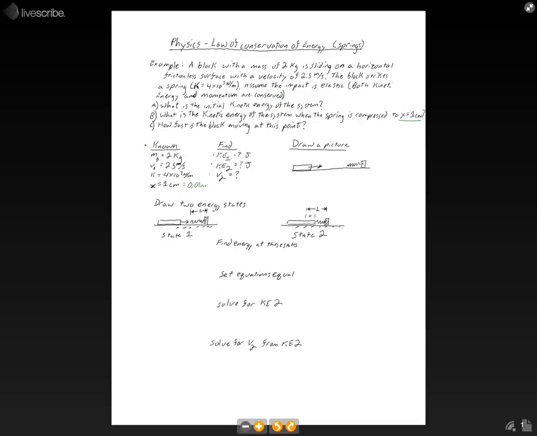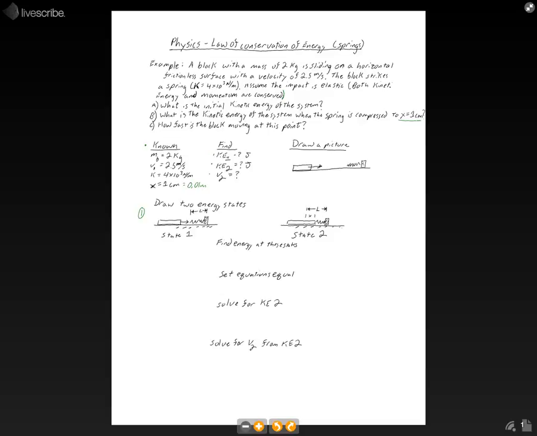So, just to give you an idea, I drew a picture here, and basically it's an attempt at a horizontal frictionless surface with a block sliding toward a spring. For this we have the initial state, which is right before the block comes into contact with the spring. Right before, it has the initial velocity of 2.5 meters per second, and the spring is uncompressed.